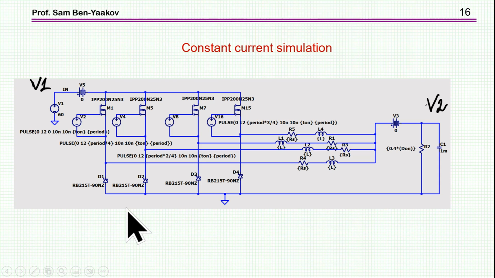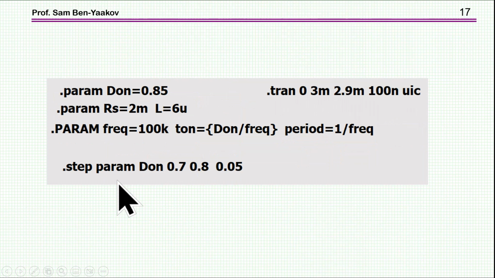So first of all, I have this simulation schematic, which I've shown earlier. And now let's go into some details. I'm defining parameters. D-on is a parameter that I'm going to sweep by this step command. And then the inductance and the resistance of the inductors are also parameters. And then I have the 100 kilohertz frequency, and then I'm defining T-on as the D-on parameter divided by the frequency, and 1 over frequency is of course the period, which is also defined here.